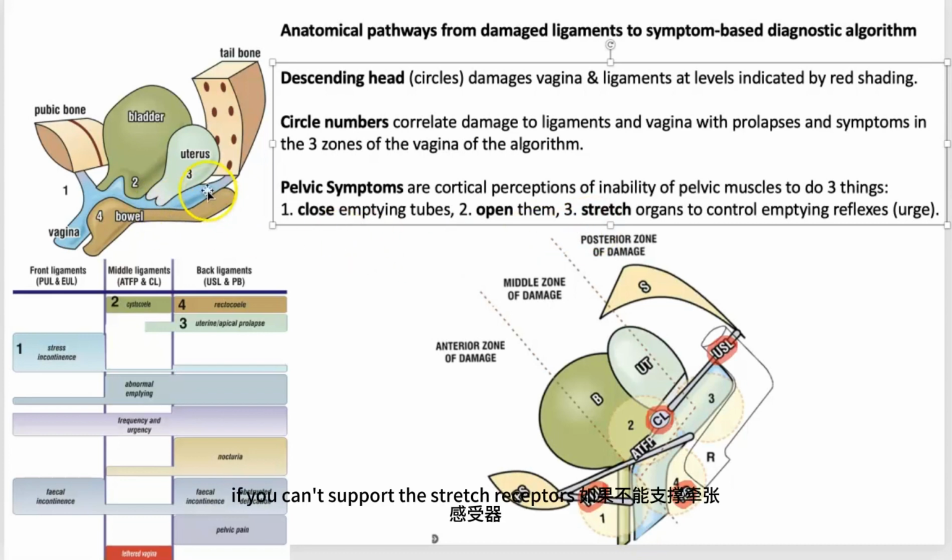If you can't support the stretch receptors, which are here at the bladder base, or here in the rectum, just above the muscles, then the afferent impulses from the pressure of the bladder, of the urine or the feces, can cause urge incontinence of the bladder and the bowel.